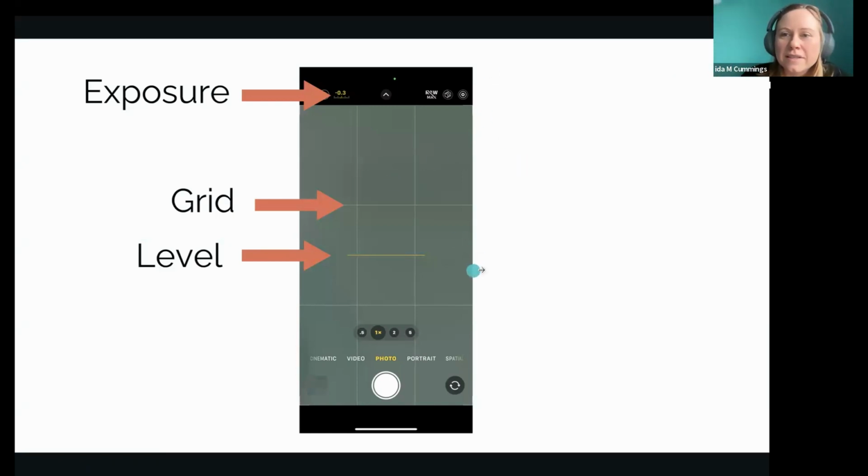These are the settings I have on my phone that I think are very helpful. These grids are what I was talking about for the rule of thirds. Positioning a subject within these points where the lines meet is going to make the shot look dynamic. If their face is ending here, you can see they're going to have all that breathing room in front of them, and it's going to look more powerful for them.